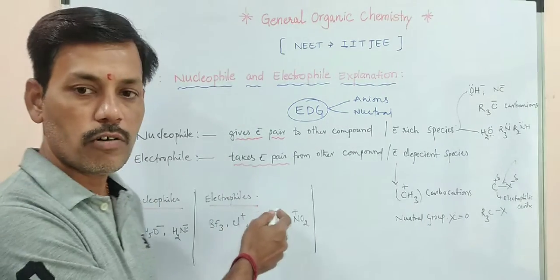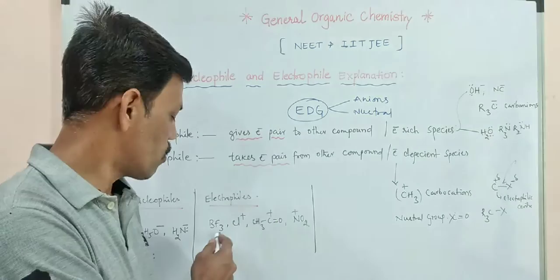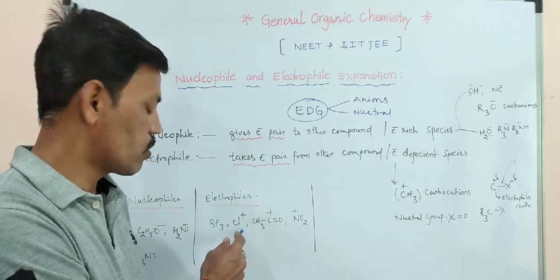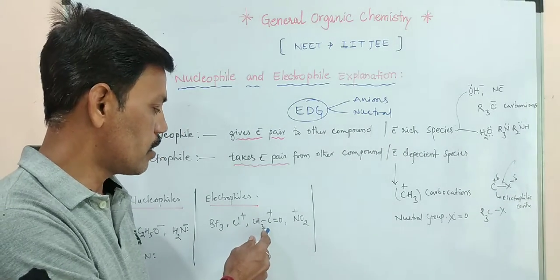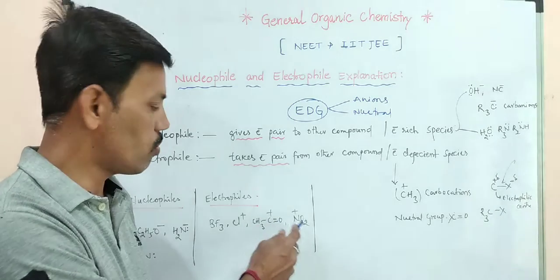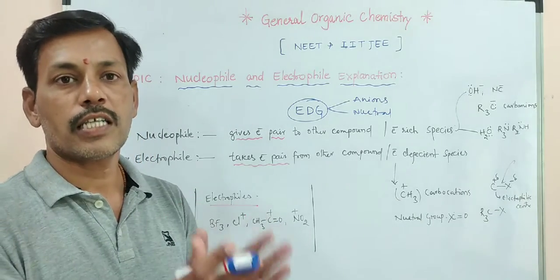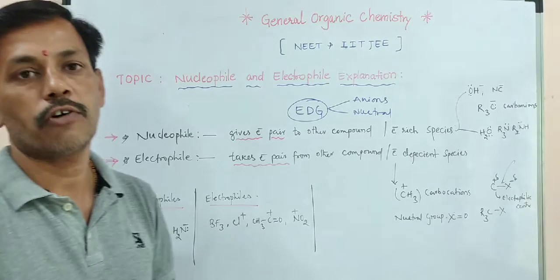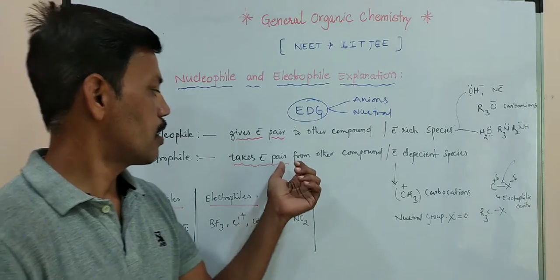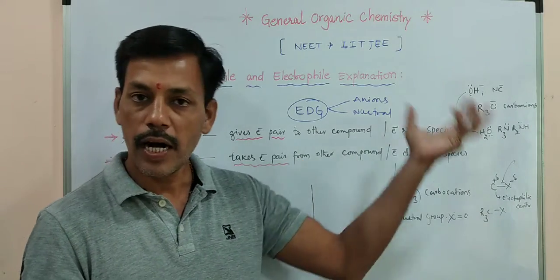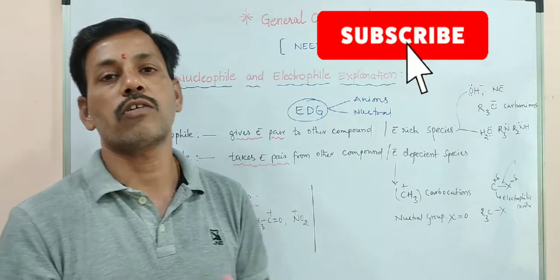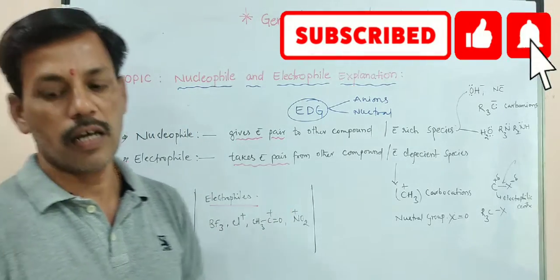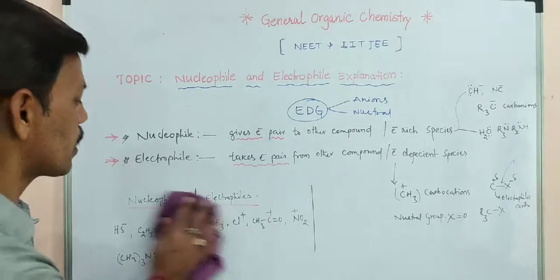Whereas electrophiles are concerned: boron trifluoride, chloronium, CH3C plus double bond O, and nitronium. All these are electrophiles, meaning they take an electron pair from other compounds. Okay.